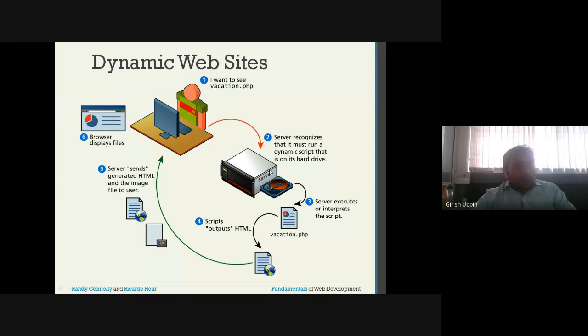So based on what kind of input comes from the user, the script will dynamically generate the HTML, and this HTML is not the same every time. For example, this vacation page is displaying information about particular places. Based on what place the user has requested, it will dynamically create that page and send it as a response to the browser.